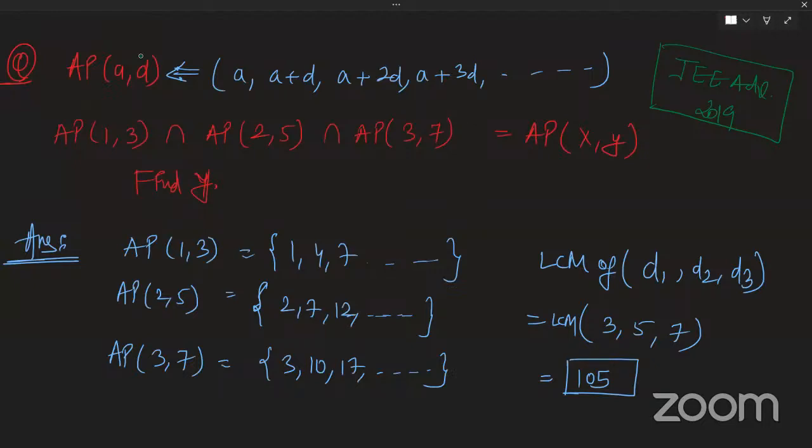The second one repeats his steps after 5. The third one repeats his steps after 7. If they intersect at any point, let me call that point X, I can say for sure that they will intersect again at the LCM of 3, 5, and 7, that is 105. So the common difference will be 105.